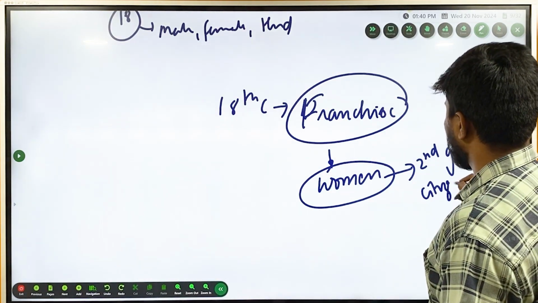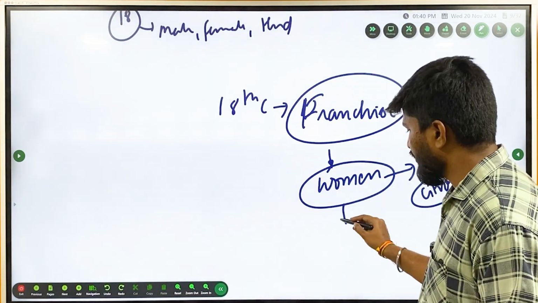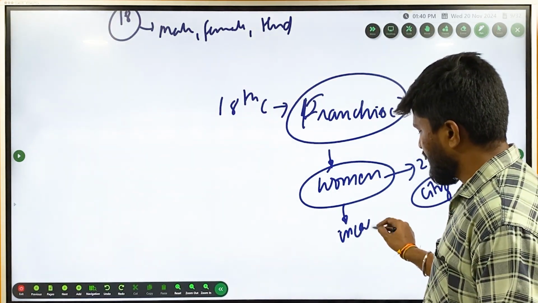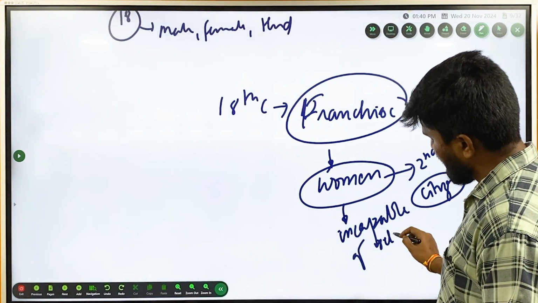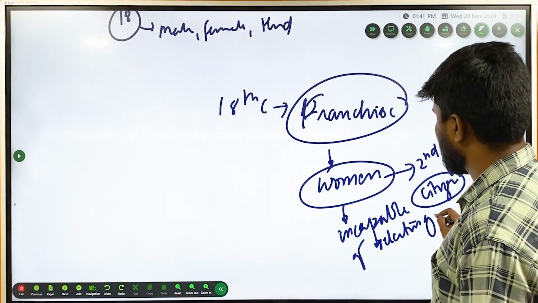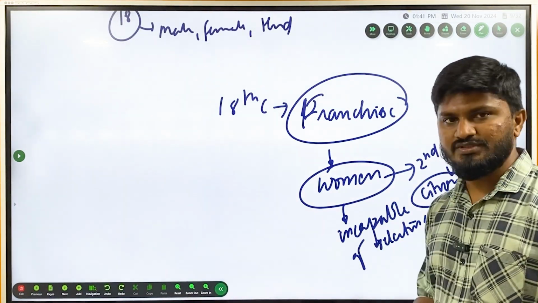In those times, they were considered incapable of governing themselves. That is why voting powers were not given to women during those times.